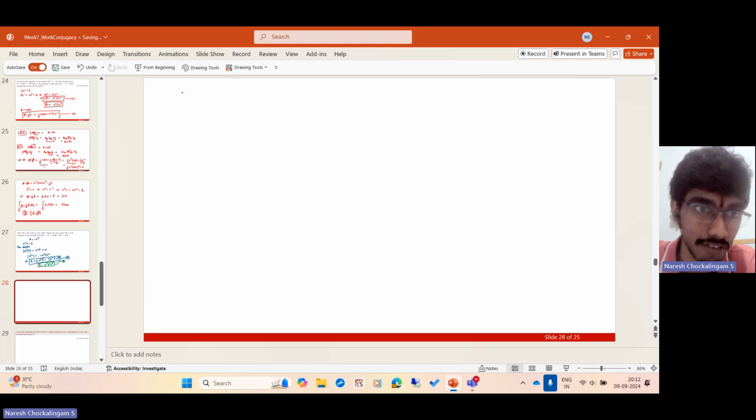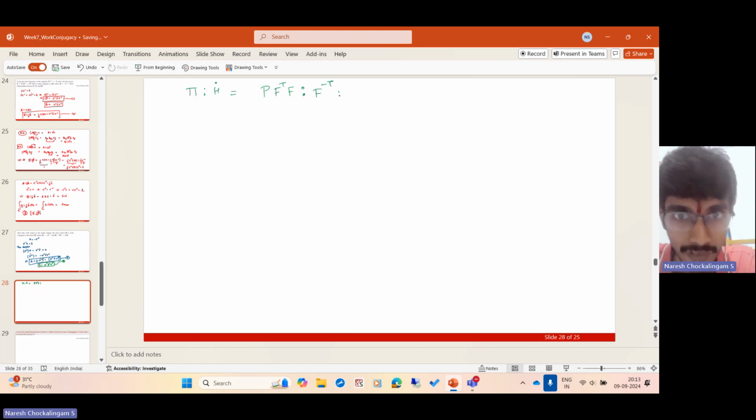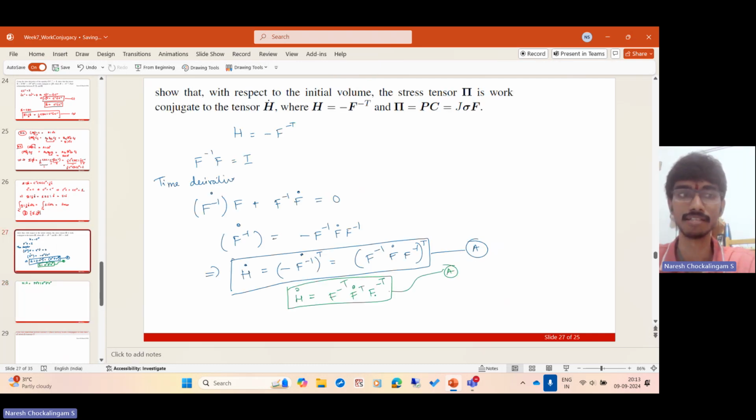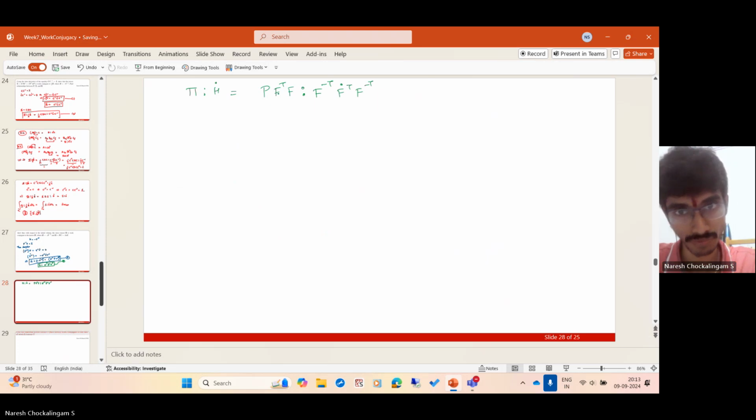We have to show that pi is work conjugate to H dot. So it is P C, where C is F transpose F, work conjugate to what is H? It is F inverse transpose F dot transpose F inverse transpose.